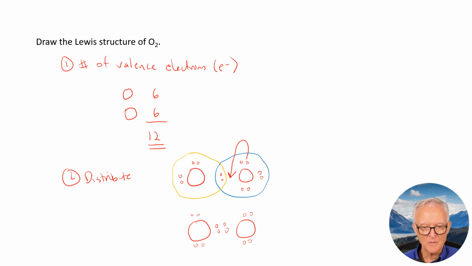And now when we count electrons, we've got 8 around the oxygen on the right, and we have 8 around the oxygen on the left. So the 4 electrons in the double bond are shared, or credited to each of the oxygens. So each of them effectively has 8 electrons around it and meets the octet rule.